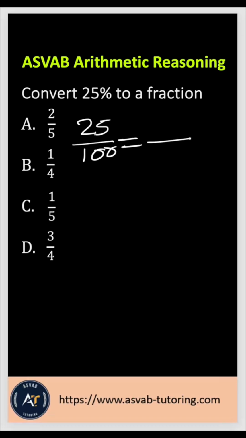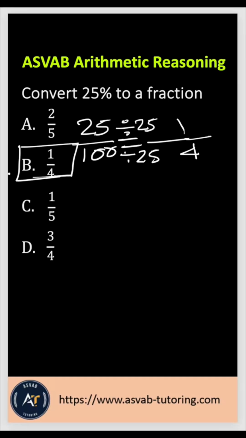To match the answer options, you have to simplify it. Anytime you simplify a fraction, you divide top and bottom by the same number. You could split it into small steps, or do it in one shot. If you divide top and bottom by 25, that gives you 1 over 4. So the correct answer is option B.